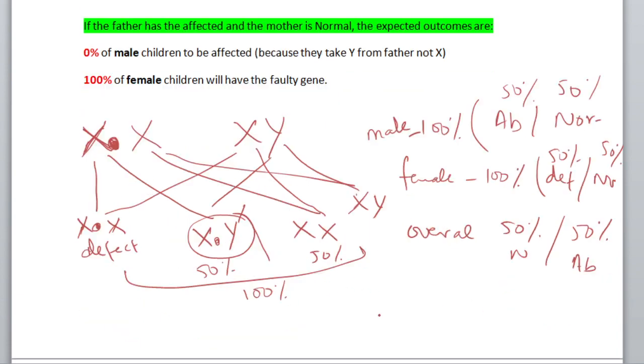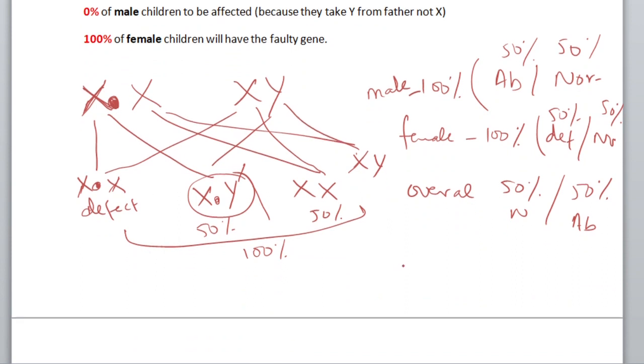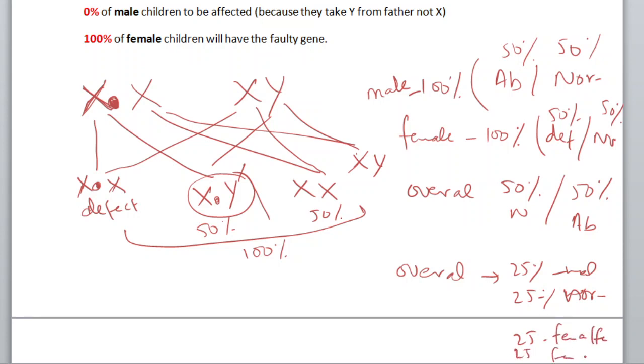And if they ask how many boys and how many girls overall, then you will say 25% male affected, 25% male normal, 25% female affected, and 25% female normal.